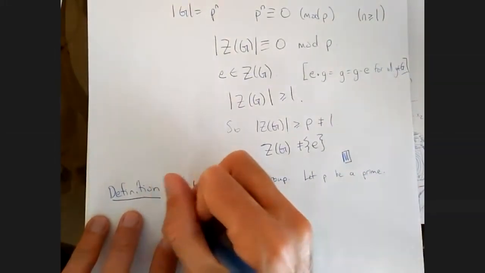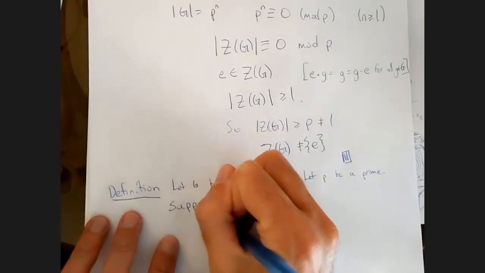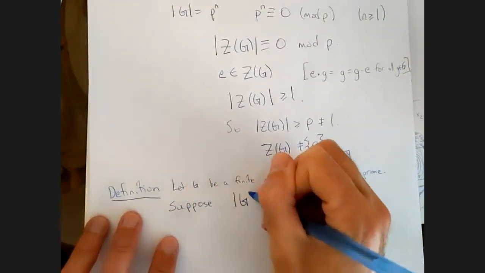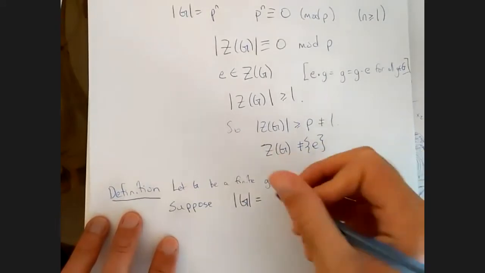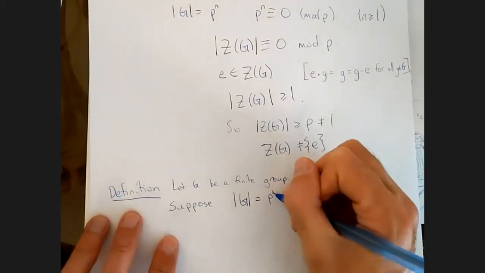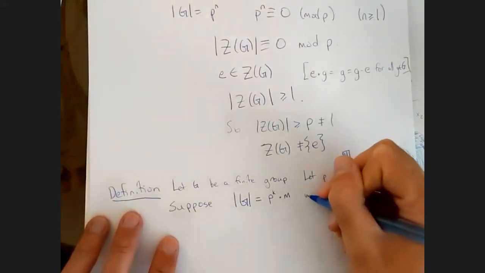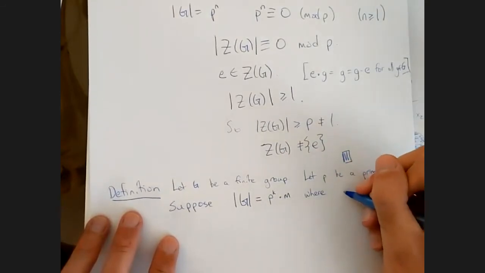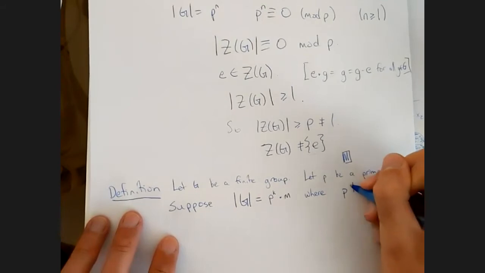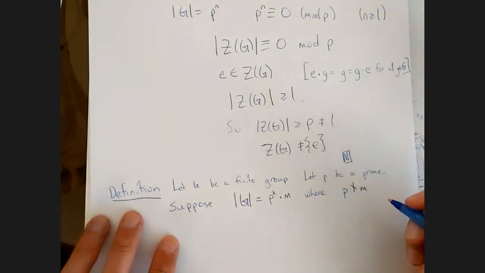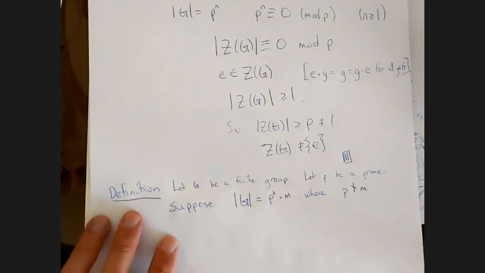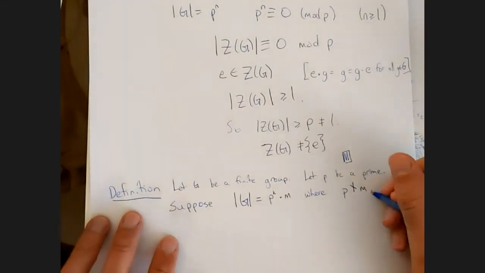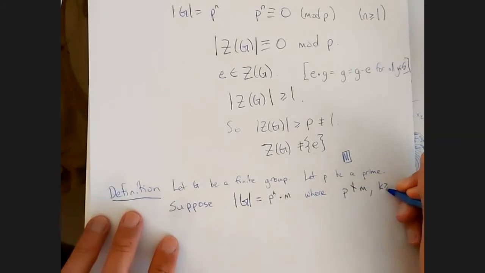Suppose that the order of G, the number of elements of G, is P to the K times M, where P does not divide M. In other words, M has no factor of P, and K is greater than or equal to 1.